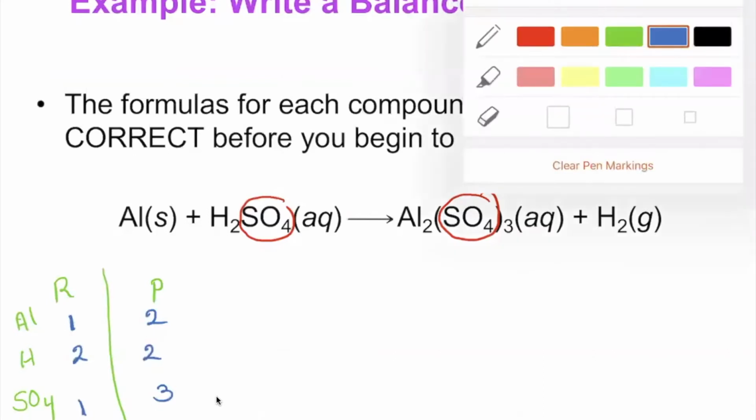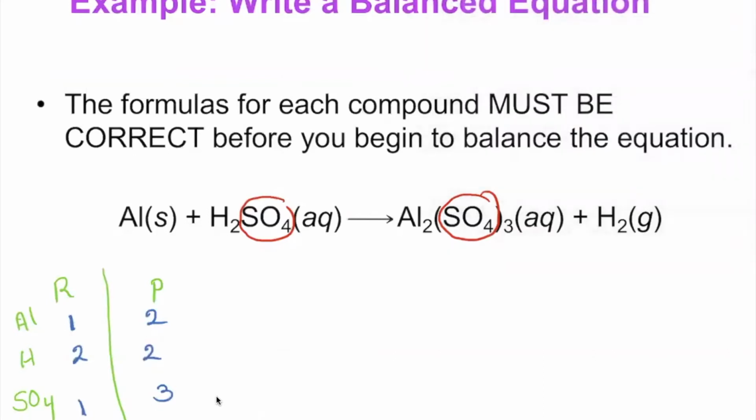I will start with sulfates because aluminum is by itself, so it's easier to balance later on. I will add a 3 in front of sulfuric acid. That changes my reactant sulfates from 1 to 3, but it also changed my hydrogens from 2 to 6.